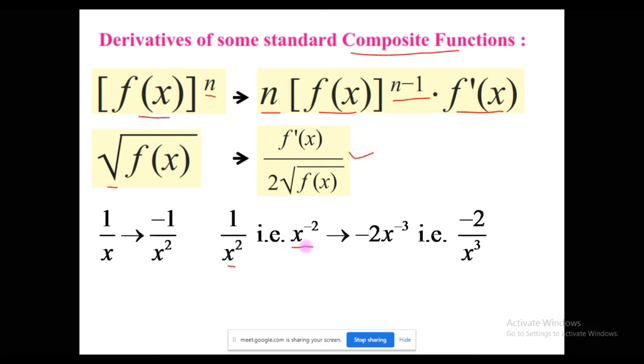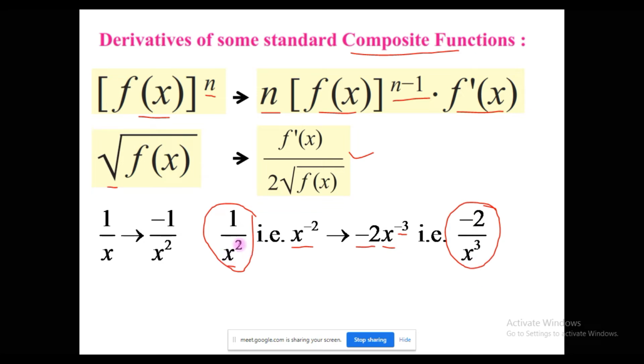So using the formula for x raised to n, what we get is minus 2 x to the power minus 2 minus 1, which will make it minus 3. So for the function 1 upon x square, the derivative is given as minus 2 upon x cube.